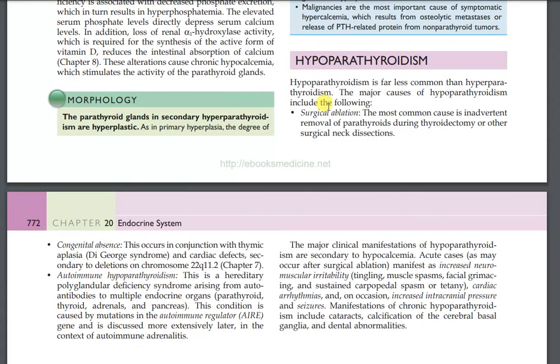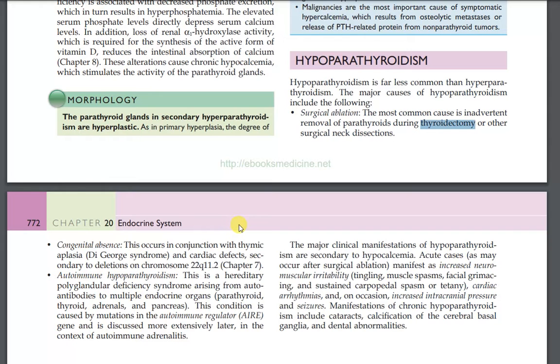Hypoparathyroidism most commonly happens due to surgical ablation. During thyroid gland surgery, thyroidectomy, we remove not only the thyroid gland, but very commonly we also remove the parathyroid gland, because it's almost impossible to save it. So during surgical ablation, parathyroid function can be decreased.